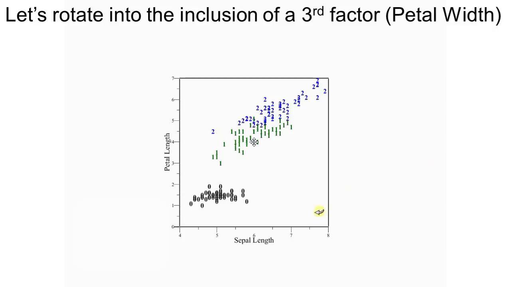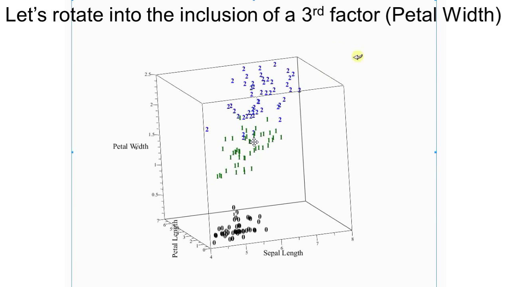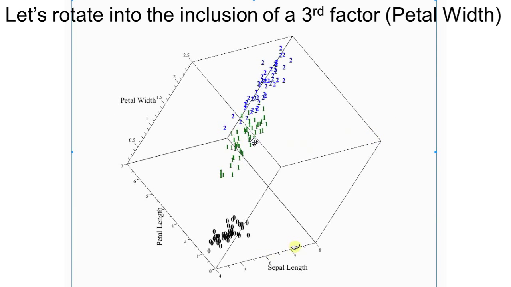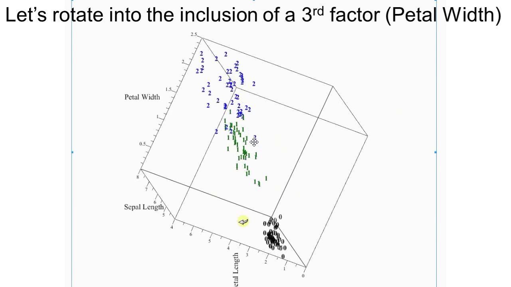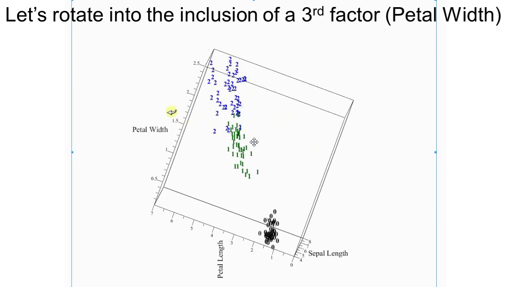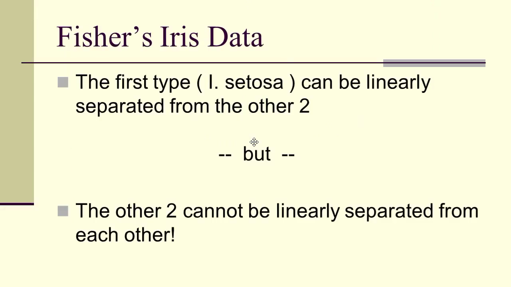So class 1 and class 2 are mixed, and if we add another variable, of course there are 4 features, but this shows with 3 features that it's not possible to separate using a plane the class 1 from the class 2. So this means that the first type, Iris setosa, can be linearly separated from the other 2, but the other 2 cannot be linearly separated from each other.